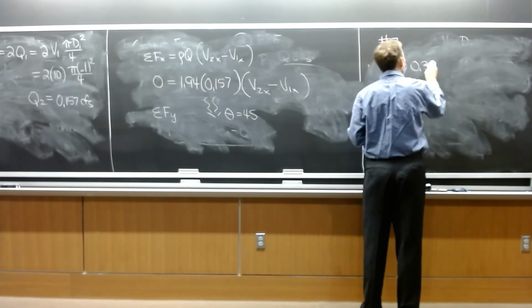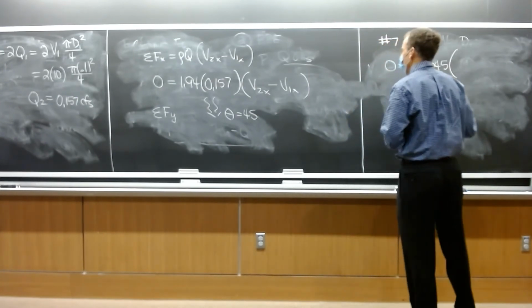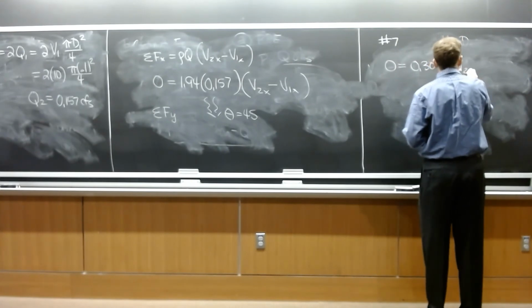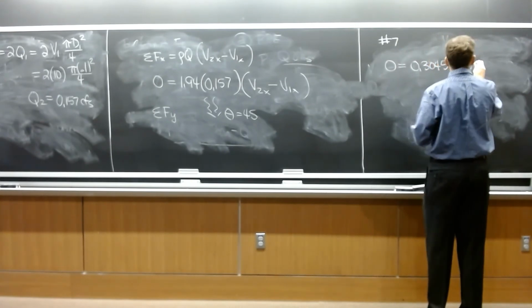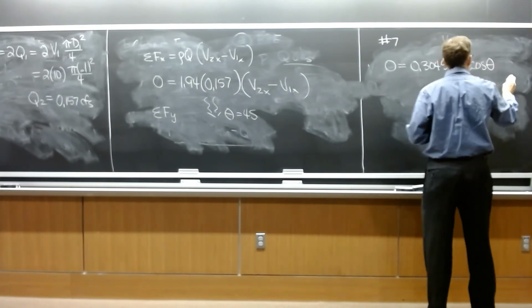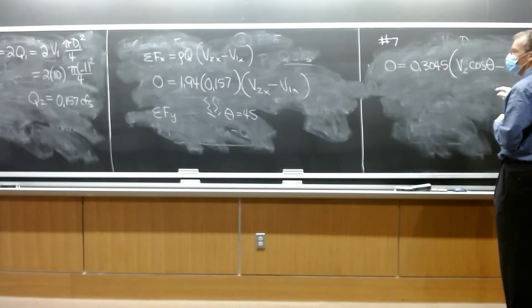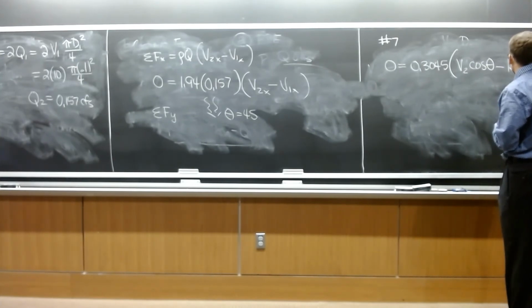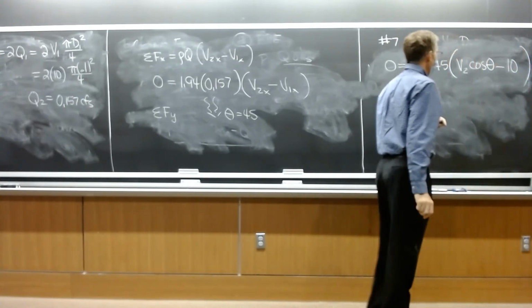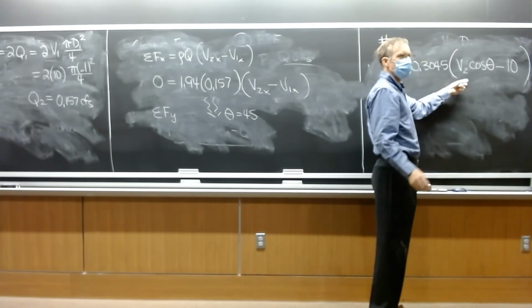Okay. And it's V2, the way I define it, cosine of theta minus 10. So then that gives us an equation to find V2.